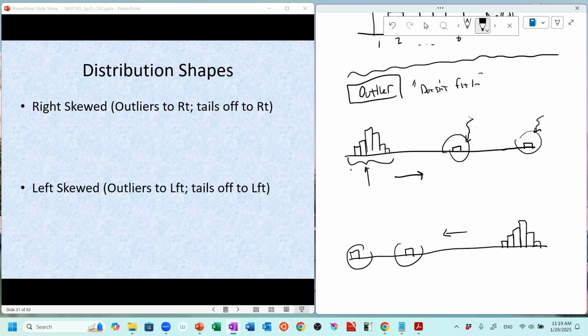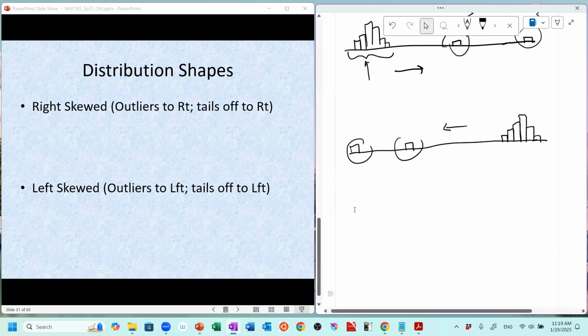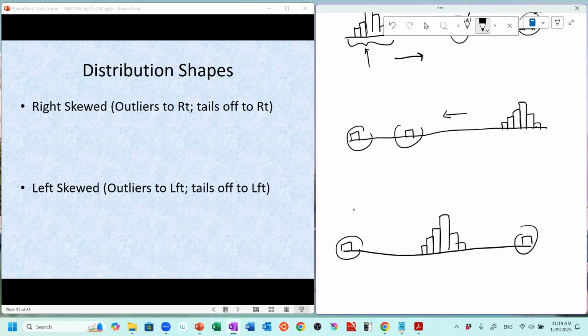Note that these are not the only two situations. There's also a third possibility. Maybe I have some outliers on both sides.